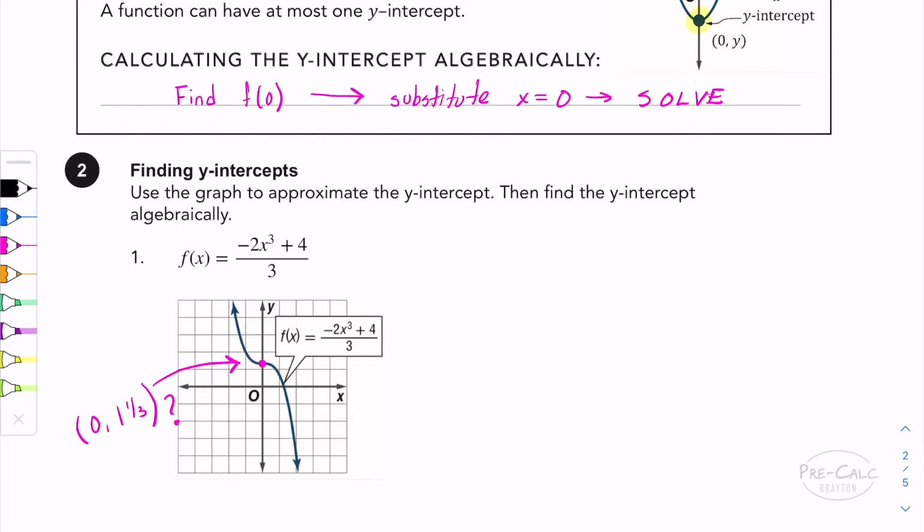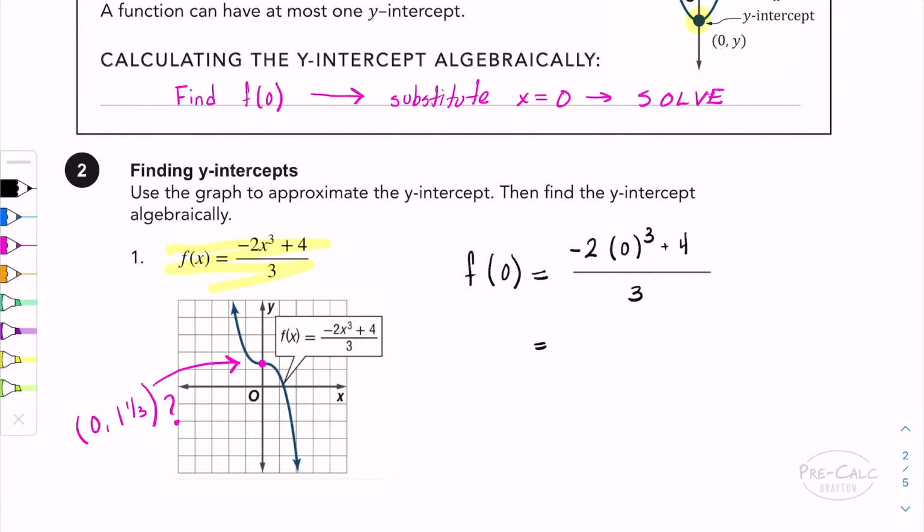If we were to actually calculate this, we would calculate it by using f of 0. That means wherever we see an x-coordinate in our original function, we are going to replace that with 0. The numerator becomes -2 times 0 cubed plus 4, divided by 3.